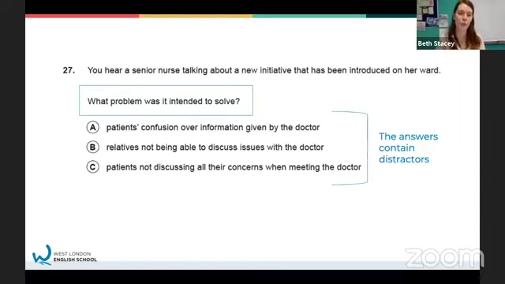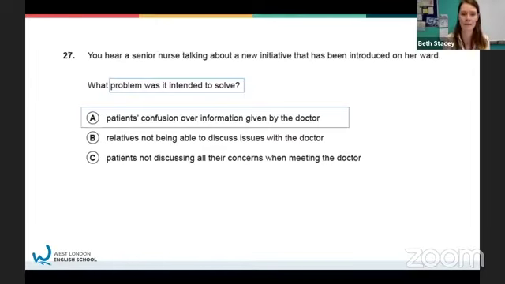So our question, what problem was it intended to solve? This is the question we looked at earlier. And we are only going to take answer option A. Now, I'm going to show you the transcript of the audio, and I want you to see where the distractors are.